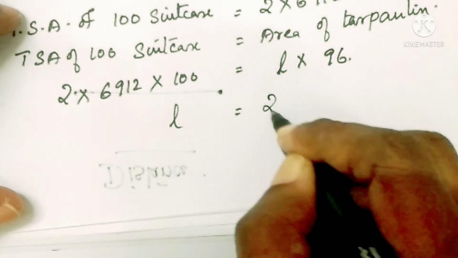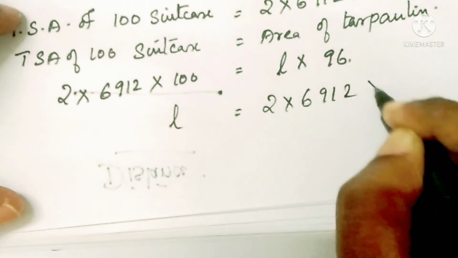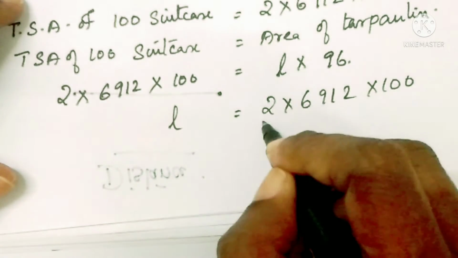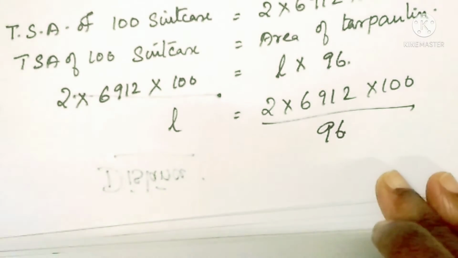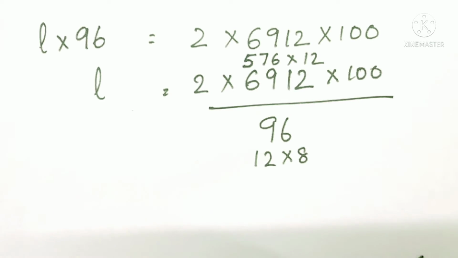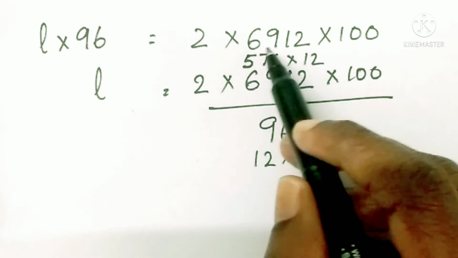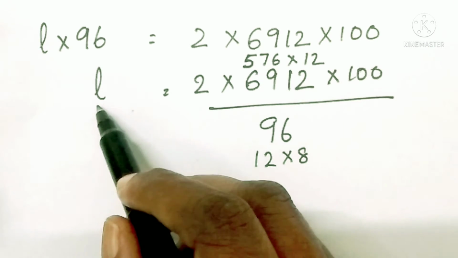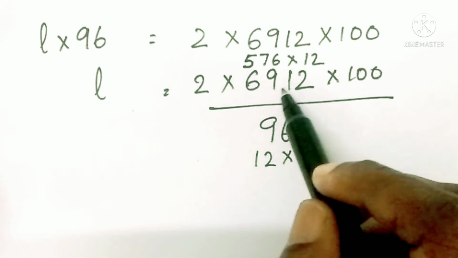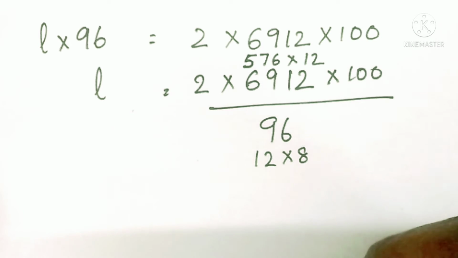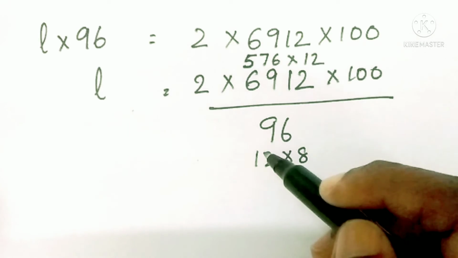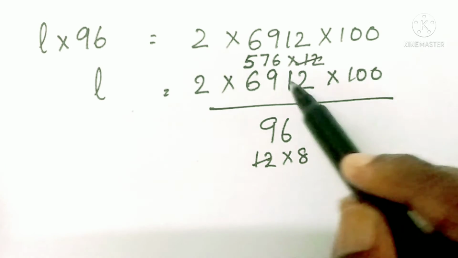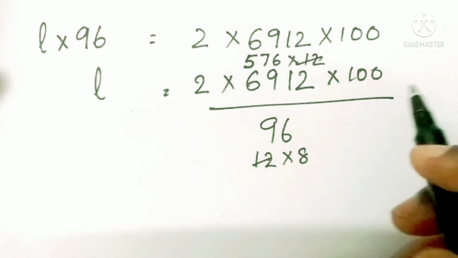Length is equal to 2 into 6912 multiplied by 100, whole divided by 96. So both are multiples of 12. 12 8s are 96 and 12 from here you get 576.